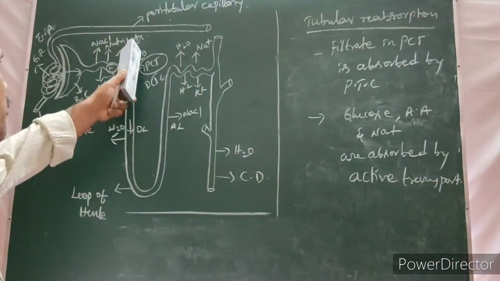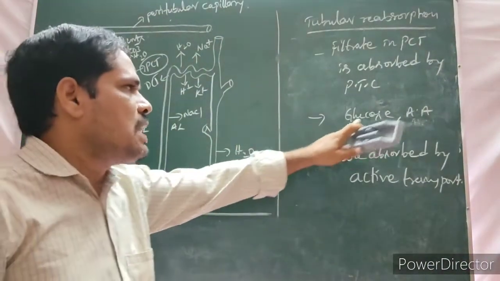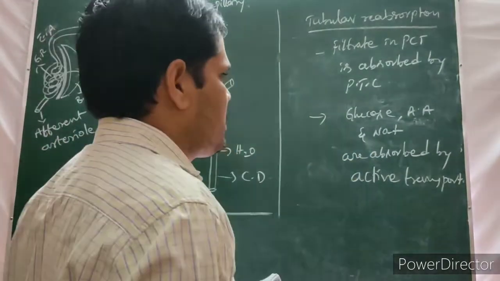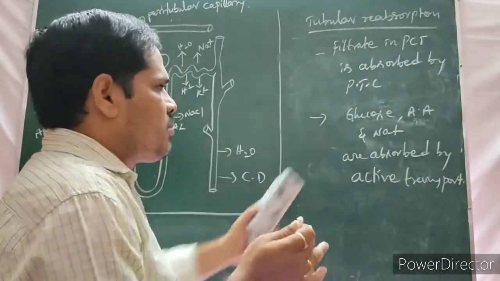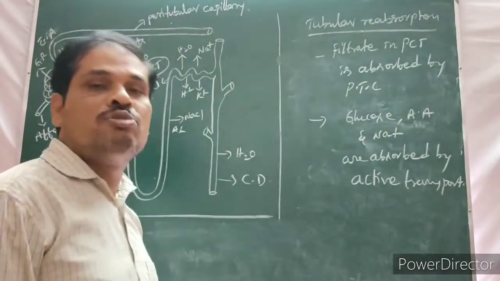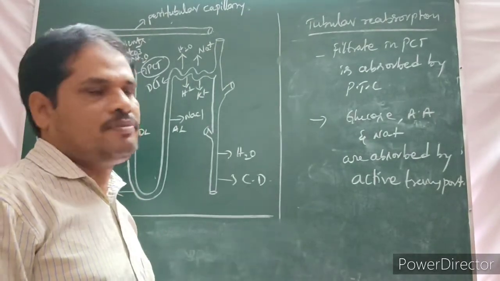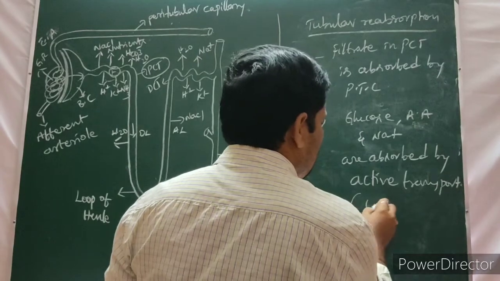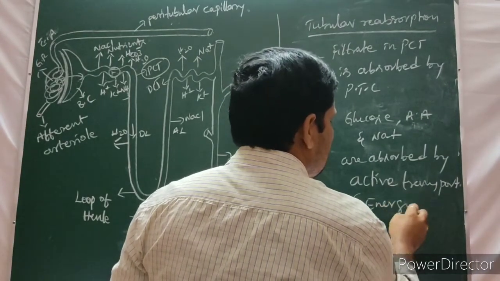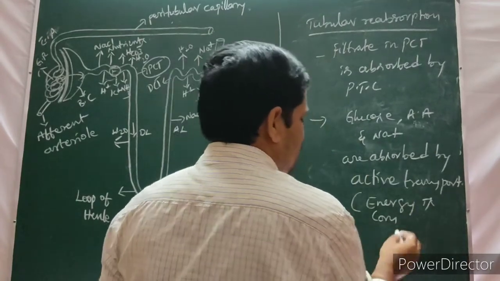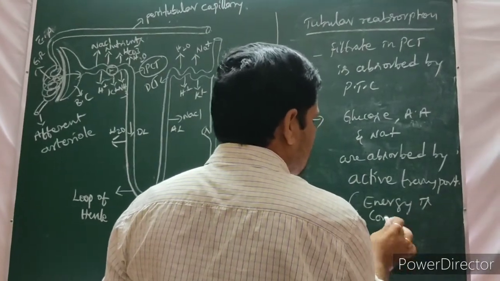For absorption of glucose, amino acids, that means nutrients, and also the electrolytes, some amount of energy is consumed by the nephron. That is called active transport. Here, active transport means energy is consumed for performing this metabolism. Energy is consumed.